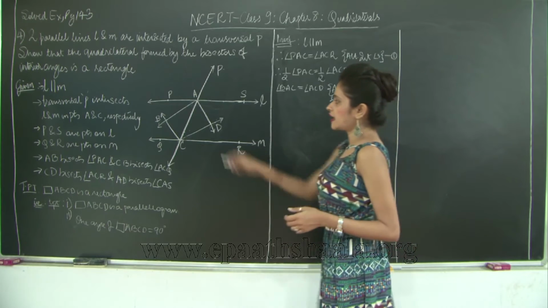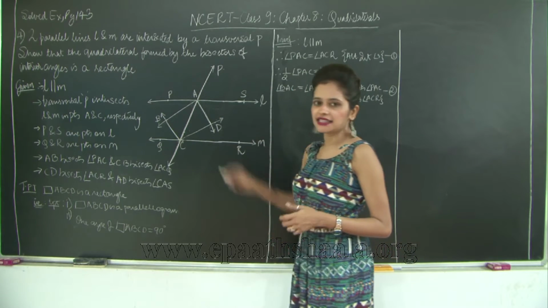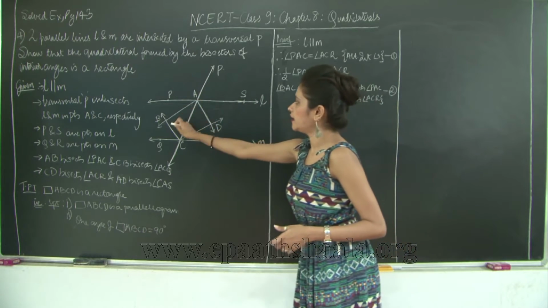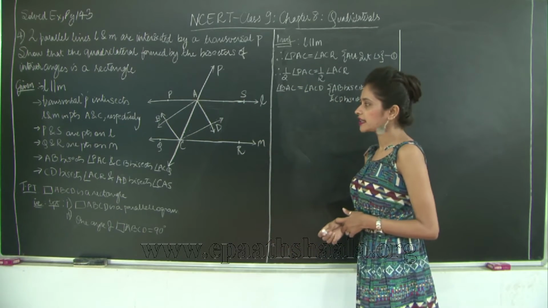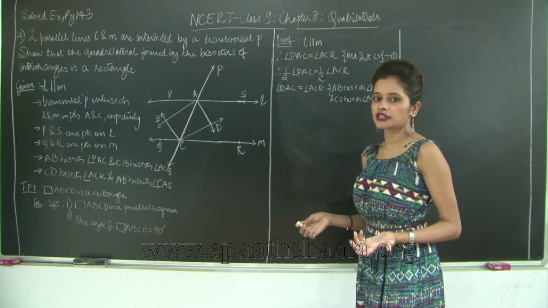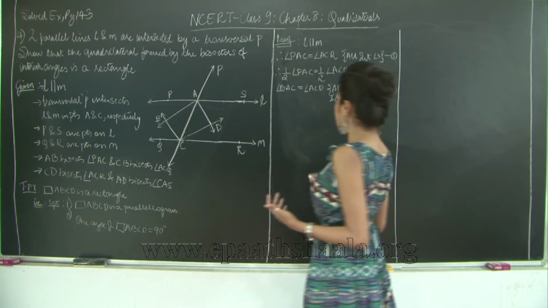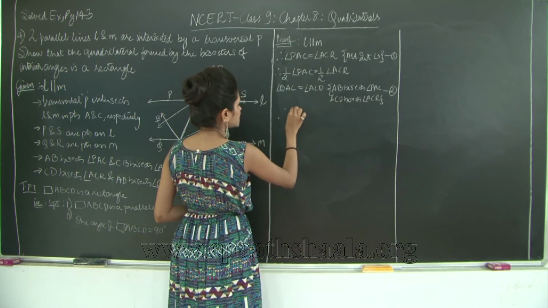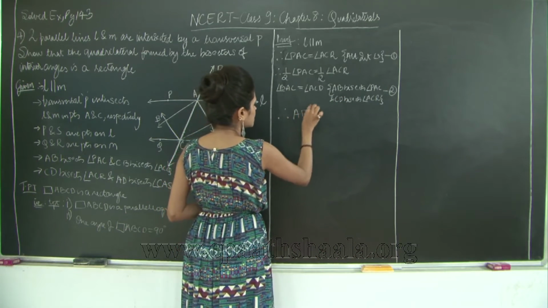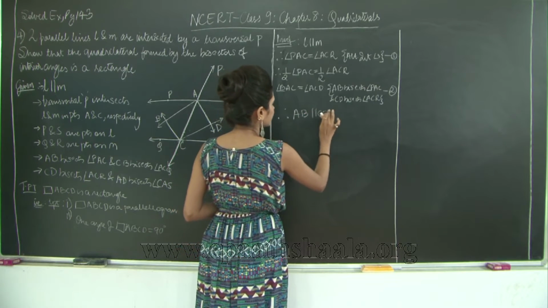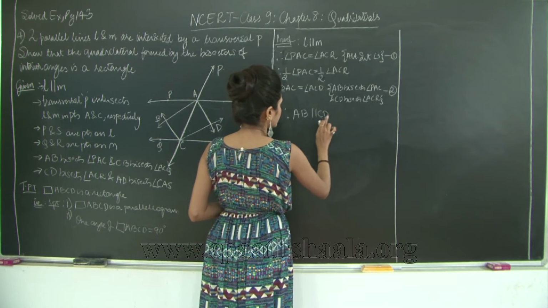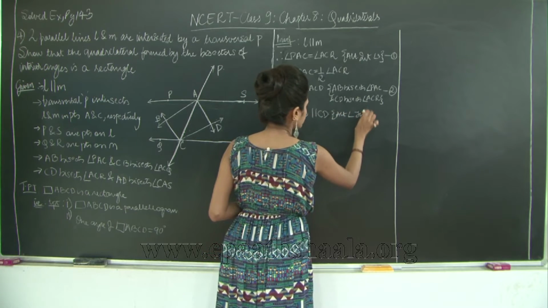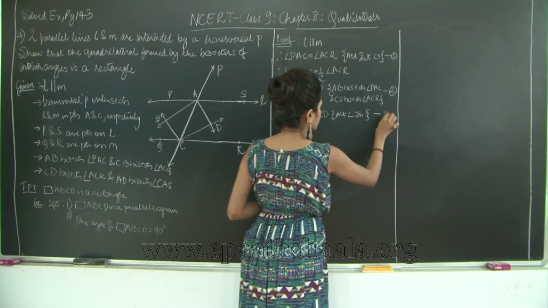But if you notice, angle BAC and angle ACD are a pair of alternate interior angles for lines BA and CD. Therefore, what can I say? That BA is parallel to CD or AB is parallel to CD. Let us write this down. Therefore, from 2 over here we can say that AB is parallel to CD. I will say alternate angle theorem, and I will mark this as 3.